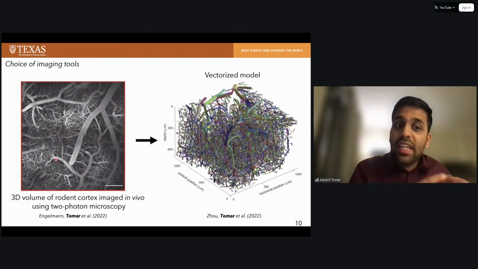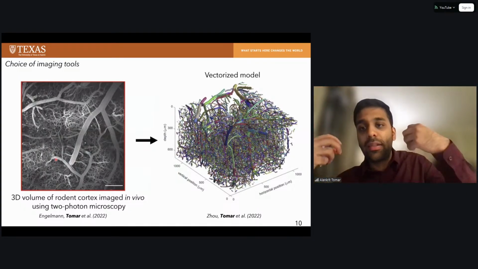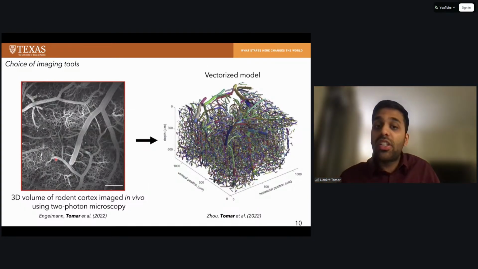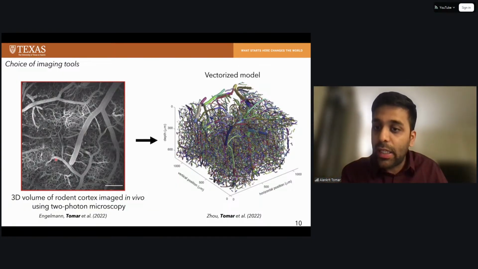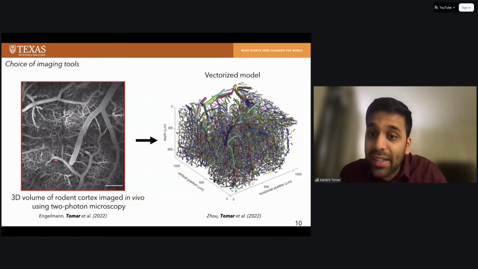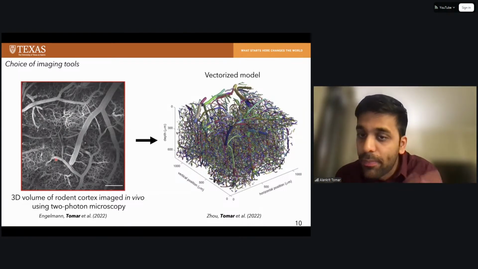And by using these 3D volumes, we can create computerized models of these, which can help us understand what the brain looks like on a fundamental level, how the brain gets impacted in the event of a disease like a stroke.